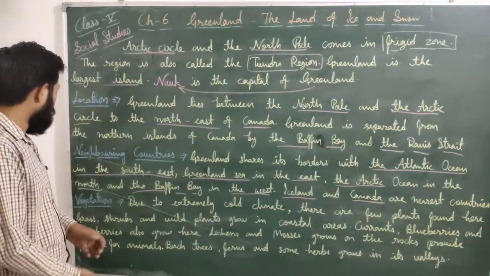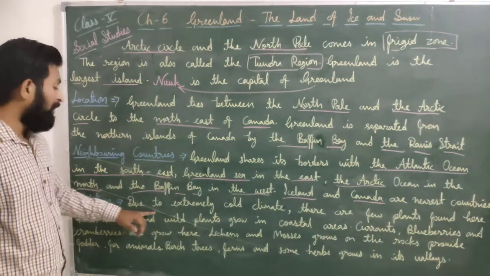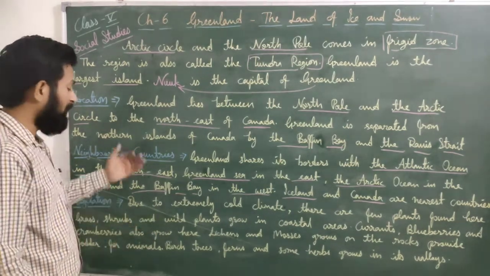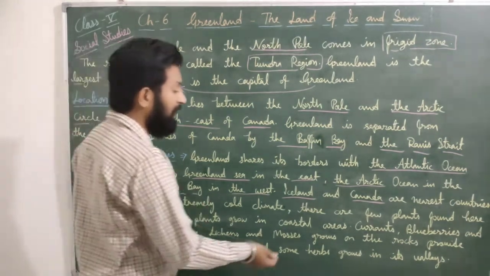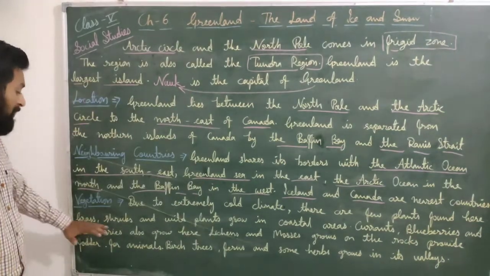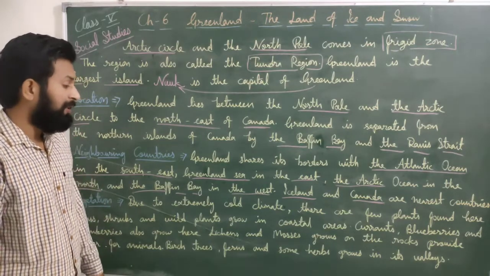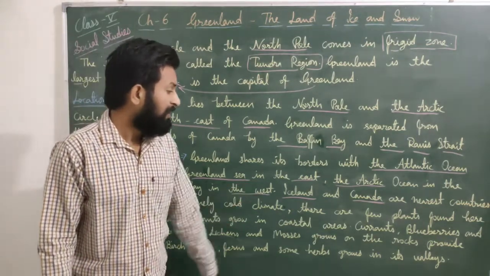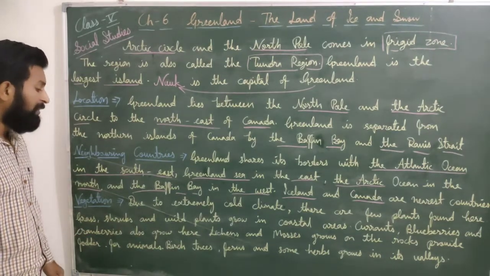After that, we will talk about vegetation. Due to the extremely cold climate, because the climate here is too cold, there are few plants found here, and grass, shrubs, and wild plants grow in the coastal region. Currants, blueberries, and cranberries also grow here.